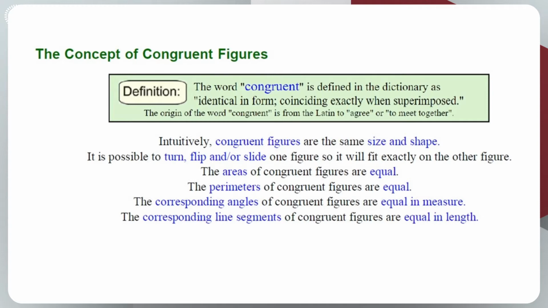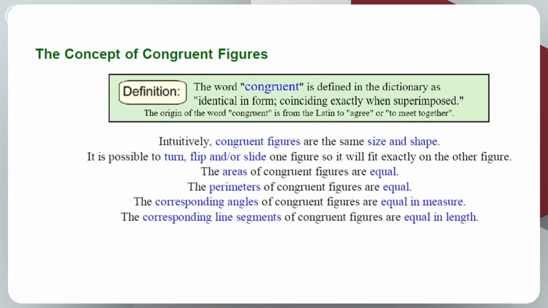So because congruent means identical in form, we get a concept from it. In geometry, intuitively, when we say that figures are congruent, they have the same size and the same shape.